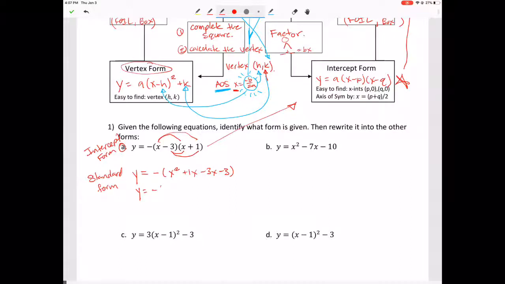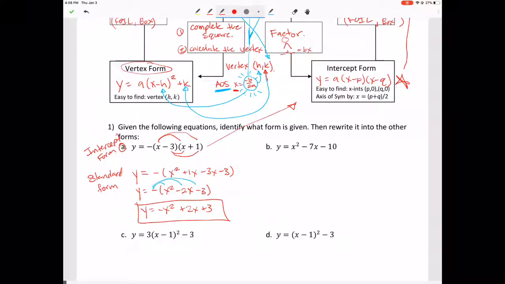Combine like terms: x squared minus 2x minus 3. Then distribute that negative to all three terms. That gives us y equals negative x squared plus 2x plus 3.